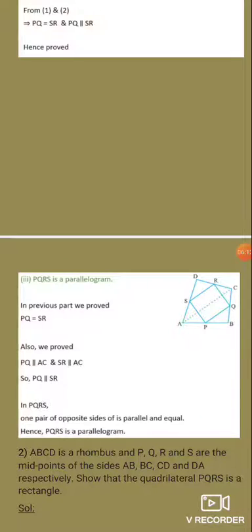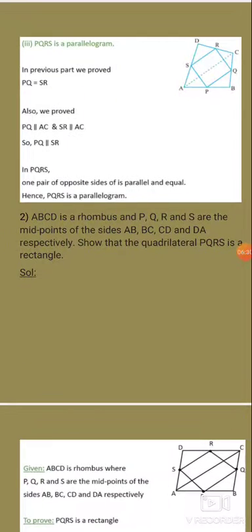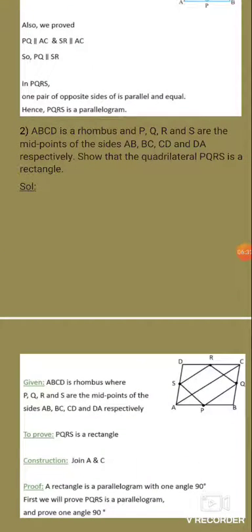So we can write, PQRS is a parallelogram. We know that if one pair of opposite sides of a quadrilateral is parallel and equal, then that quadrilateral becomes a parallelogram. Now listen carefully. Next question.